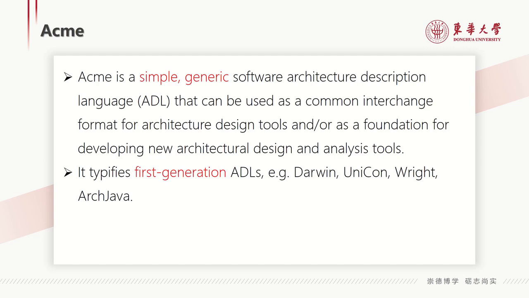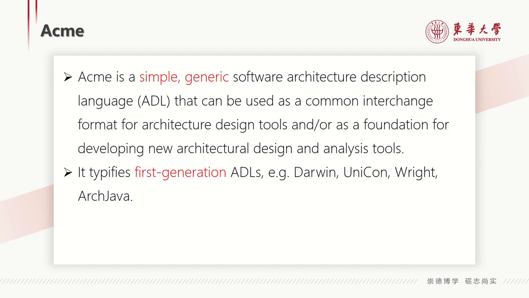Which means Acme is a prototype of ADLs. Itself, of course, it is an ADL, and also it is a good idea, and it is extendable. So many other ADLs are actually developed based on Acme. That's why we say it is a prototype of ADL.